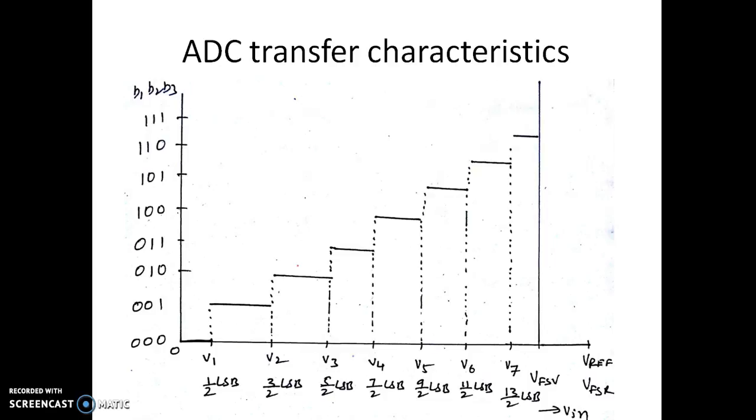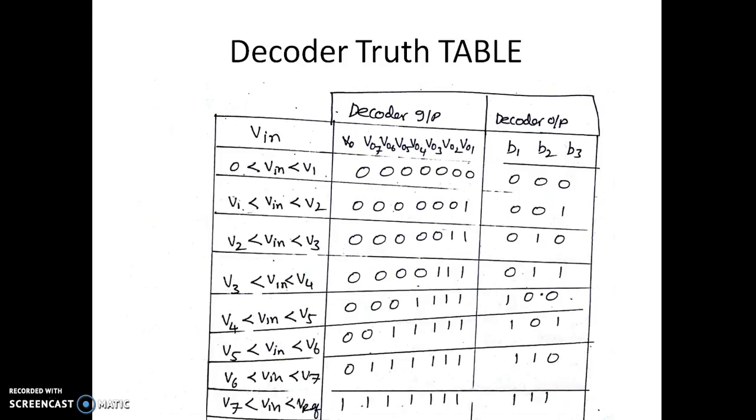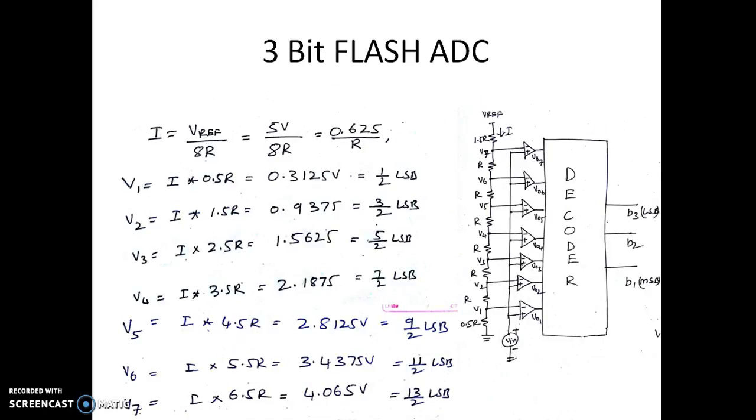We should always ensure that the sum of the resistors happens to be 8R, because we have 7 comparators. In order to have 7 reference voltages, we need to have 8 resistors. The sum of all the resistors should be equal to 8R only. So we cannot have R here and 1.5 R there.